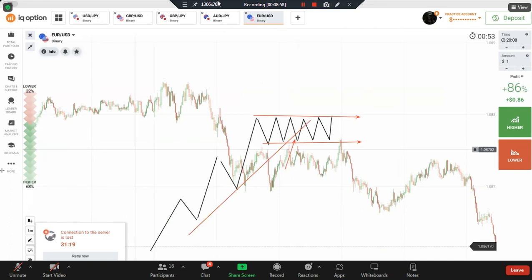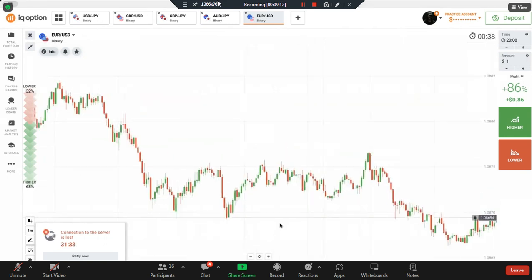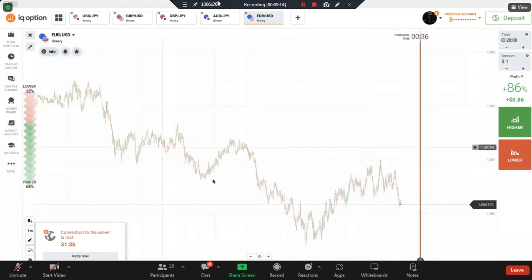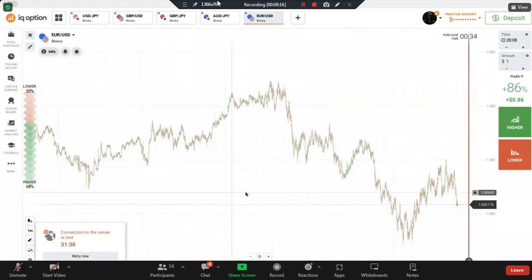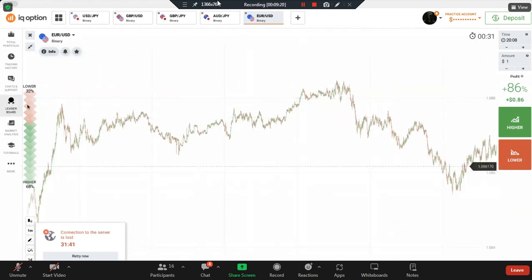As I said, we have to wait till the market breaks the trend line plus the last touch horizontal line. So what do I mean? For example, let me give you a clear example. Here, see, this is an uptrend, right?